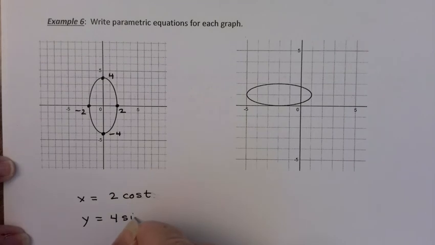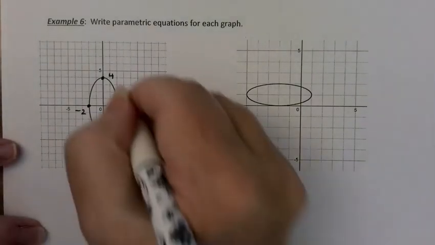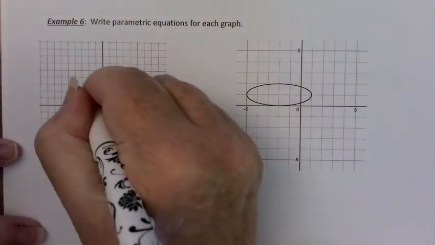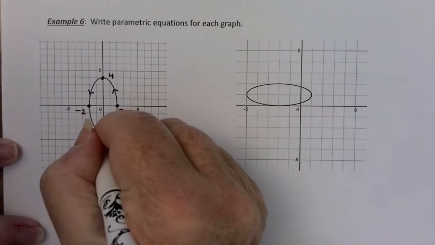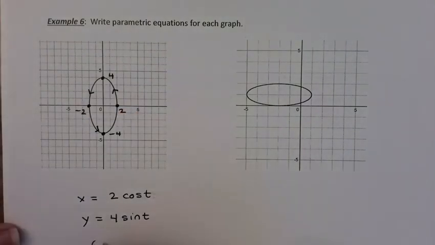So that'll be 4 sine t. It hasn't been shifted. The center is still at 0, 0. And I guess I made the assumption, since nothing was shown to us, that this is going to be going counterclockwise. And there we go.